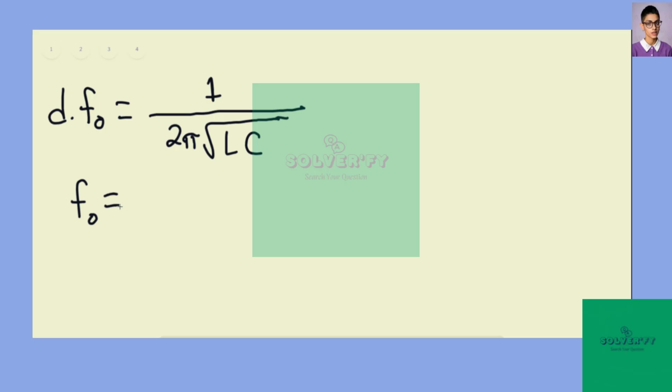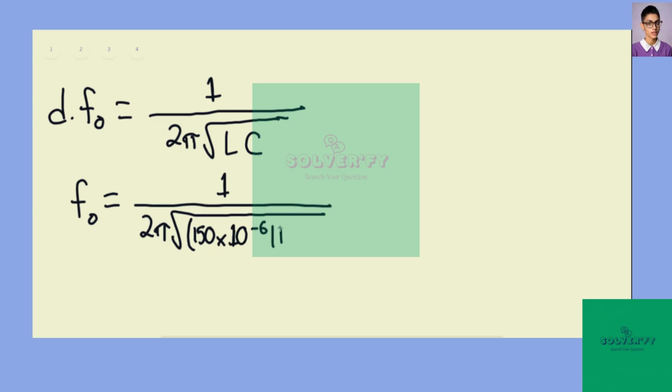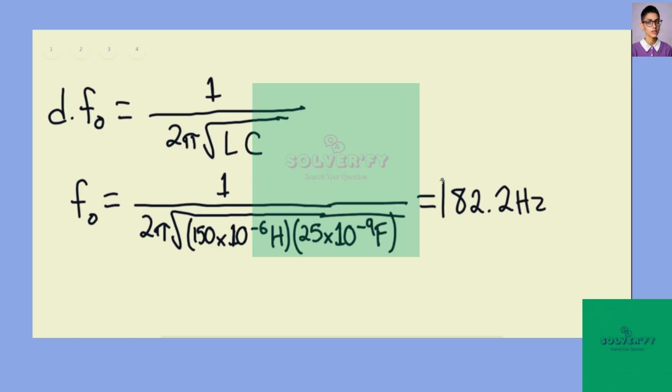So the resonant frequency is equaling 1 over 2 pi times the square root of the inductance, which we know to be 150 microhenries, or 150 times 10 to the negative 6 henries, times the capacitance of 25 nanofarads, 25 times 10 to the negative 9th farads. And we find that the resonant frequency is 82.2 hertz. This would be our final answer for the resonant frequency.